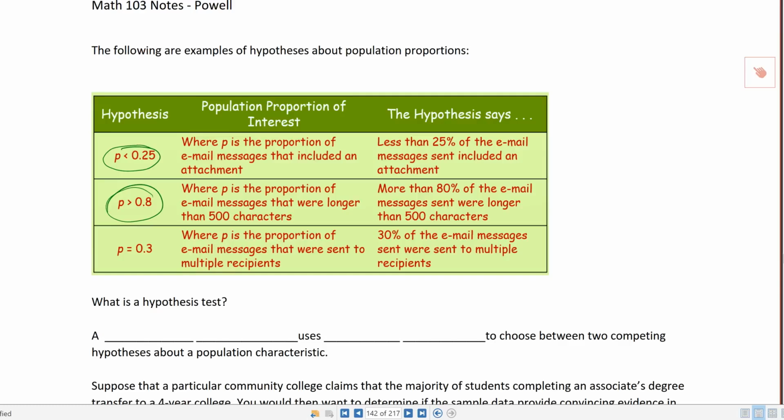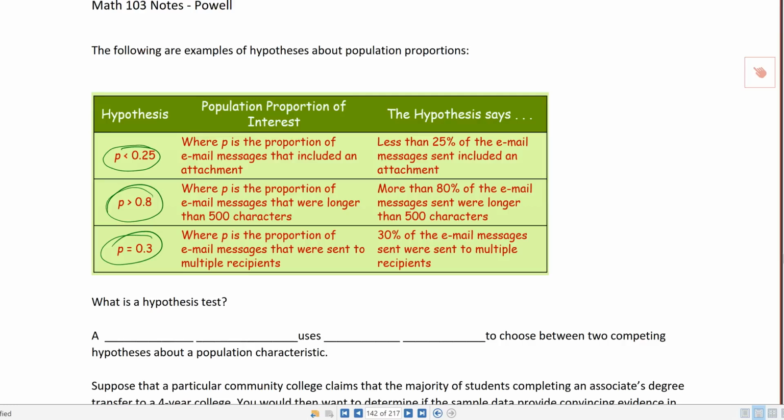And finally, if we had a P that was equal to 0.3, where P is the proportion of email messages that were sent to multiple recipients, we would say 30%, because it equals, it's not greater than or less than, it equals 30%. 30% of the email messages sent were sent to multiple recipients. Okay, so that's your statement about a population proportion, or your claim.